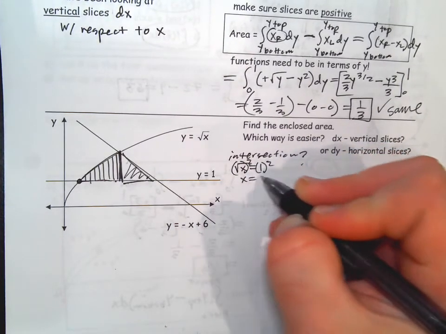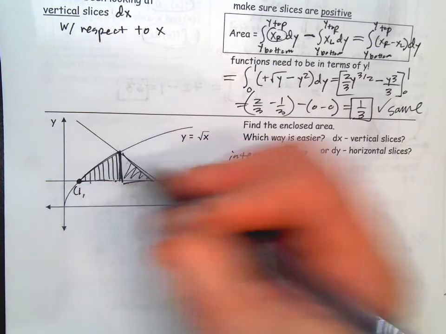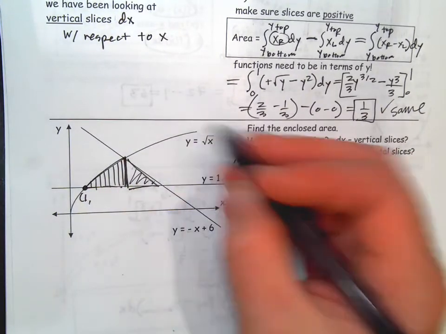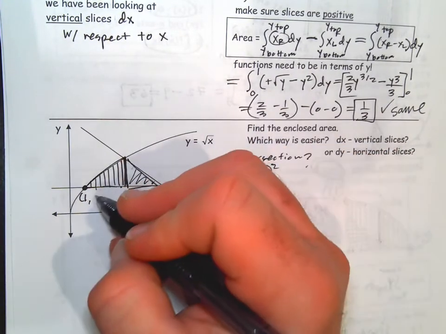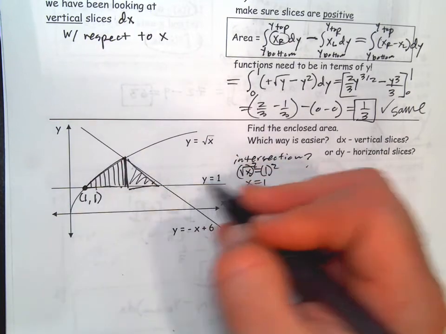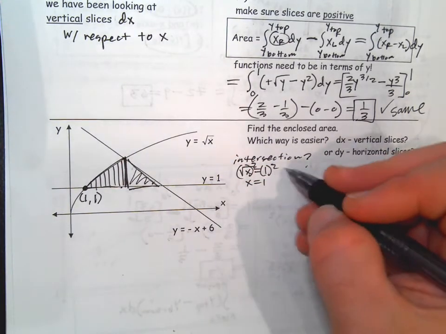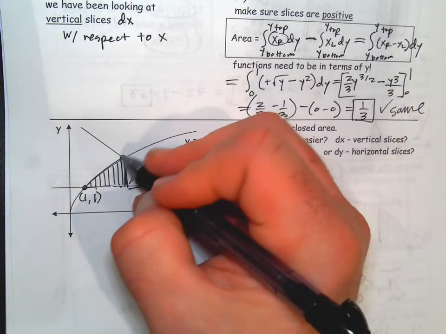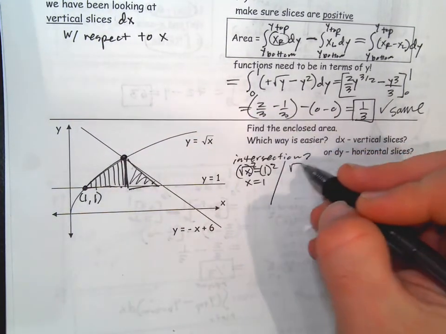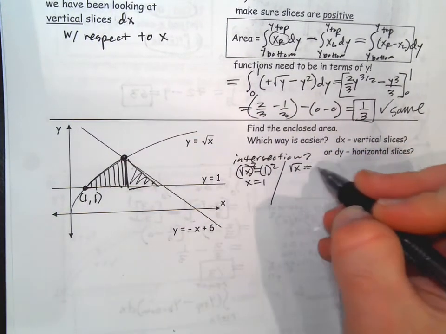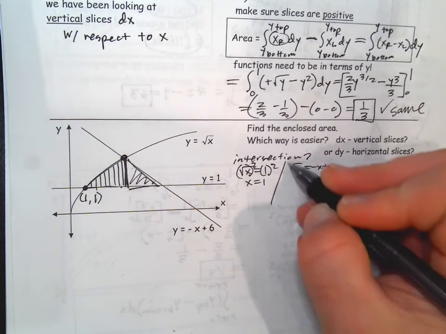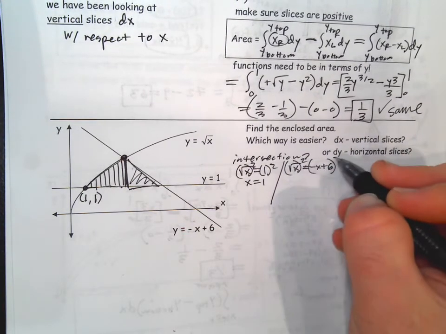And this one's pretty easy. So that x coordinate is 1. If you want the y value, plug it into any of these functions. The square root of 1 is 1. This is just a flat line. We've got to do this one up here, which is going to be the square root of x, and this line, negative x plus 6. So I would square both sides.